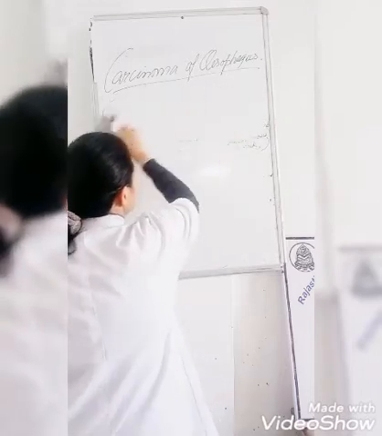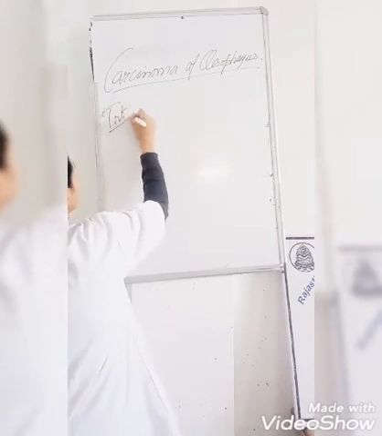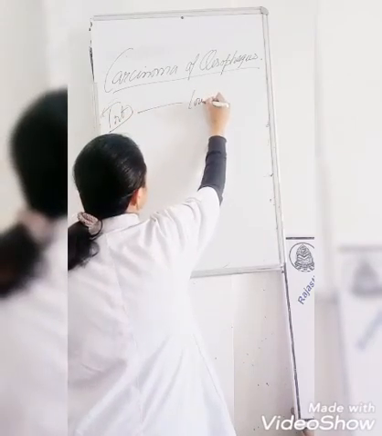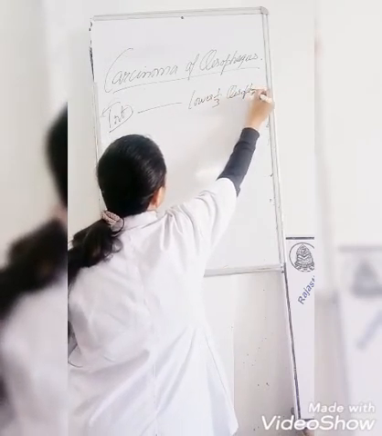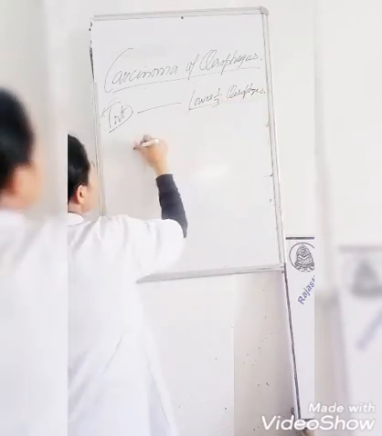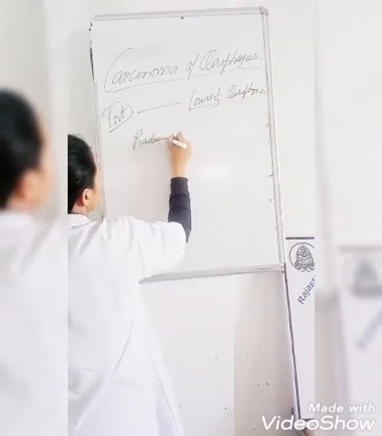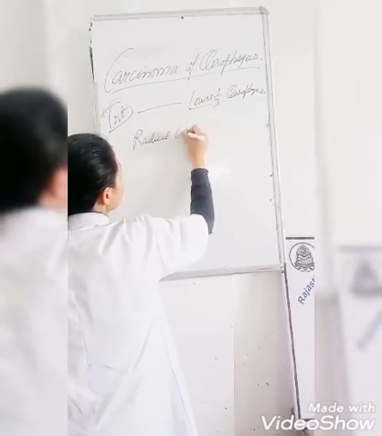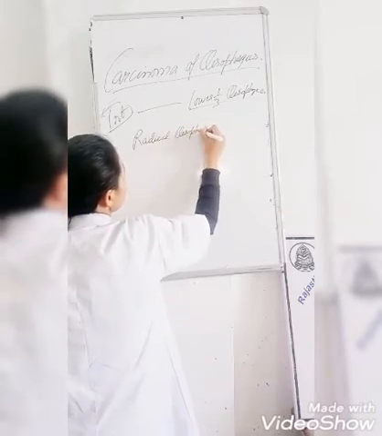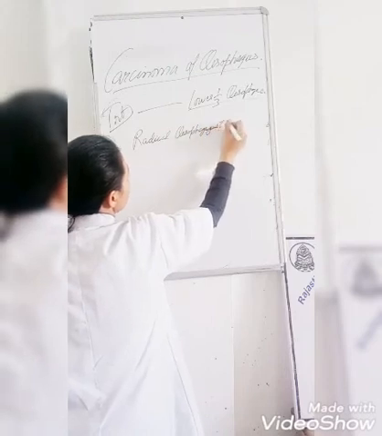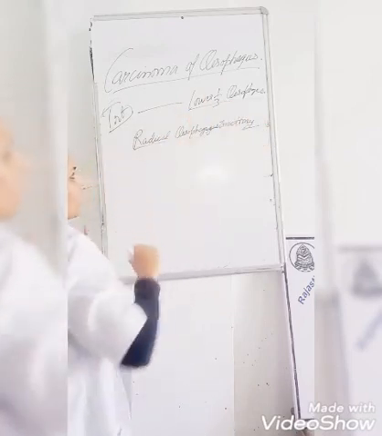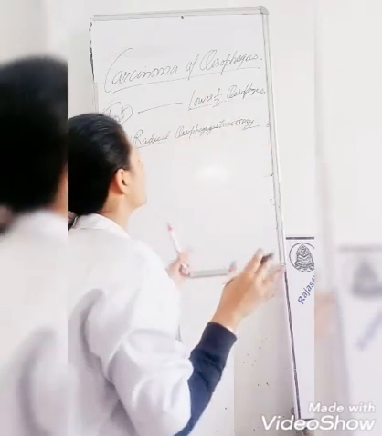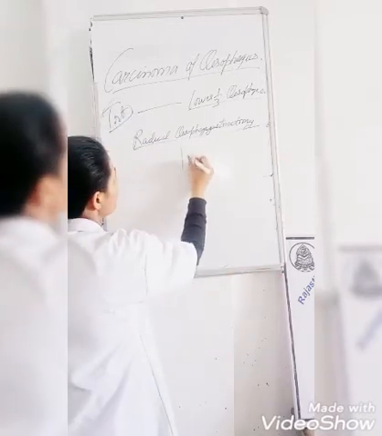Then treatment for lower one-third. If lower one-third esophagus is affected, we will do radical esophagogastrectomy. So we will remove the esophagus. See, this is the esophagus.